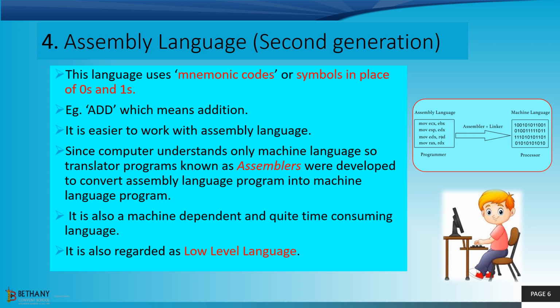Since a computer can understand only machine language, assembly language programs have to be converted into machine language. So, translator programs known as assemblers were developed to convert the assembly language program into machine language.